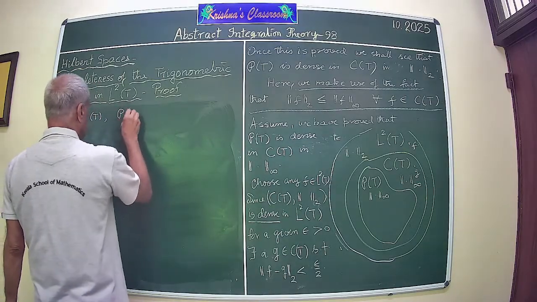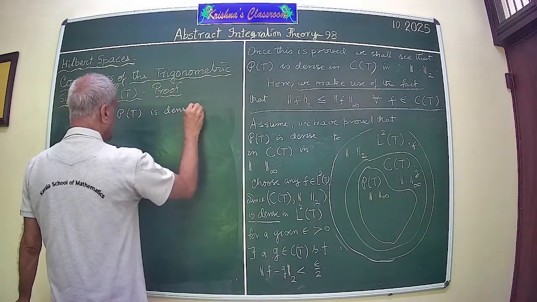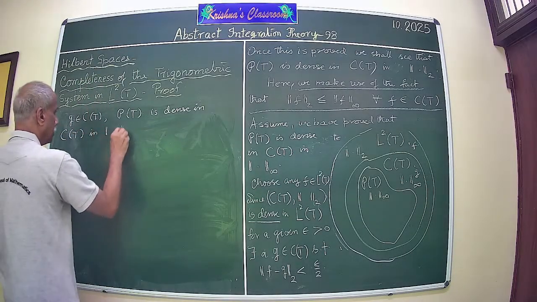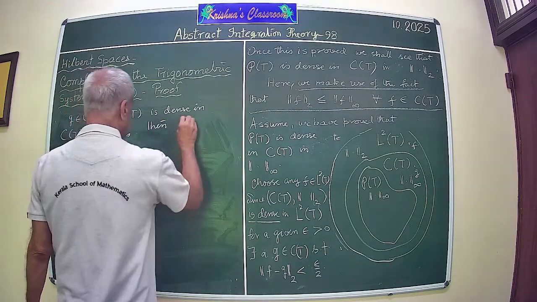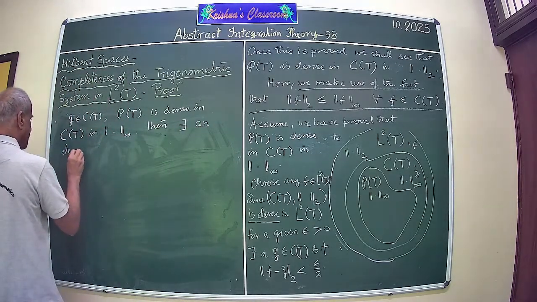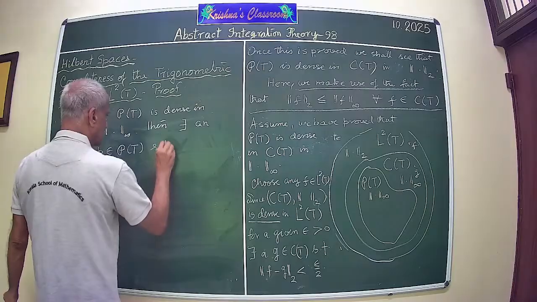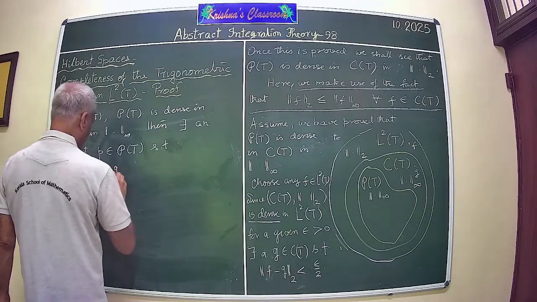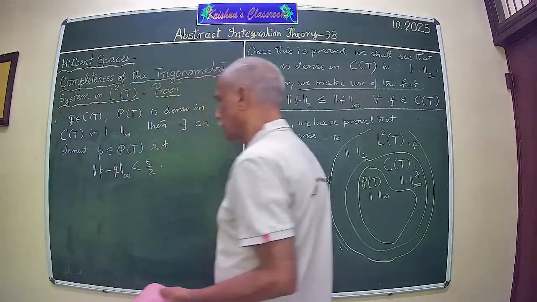If we have proved this, we have not proved it yet, then there exists an element p belonging to P(T) such that the norm of p minus g is less than epsilon.